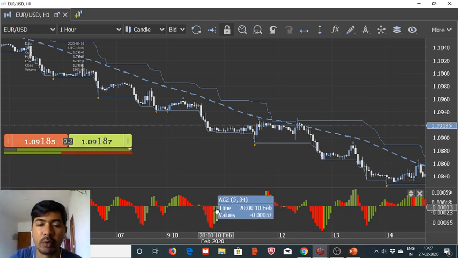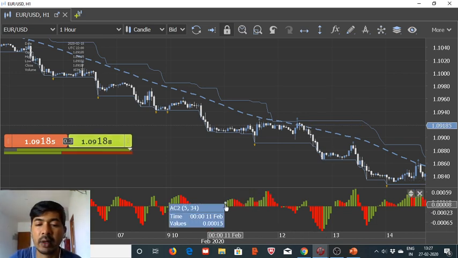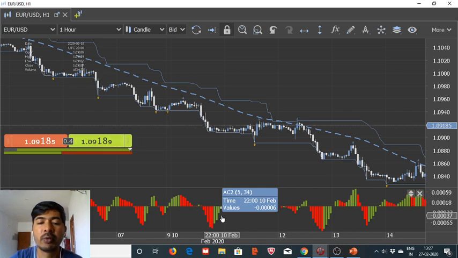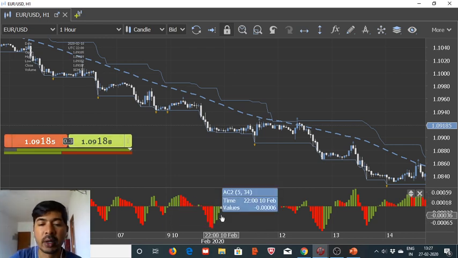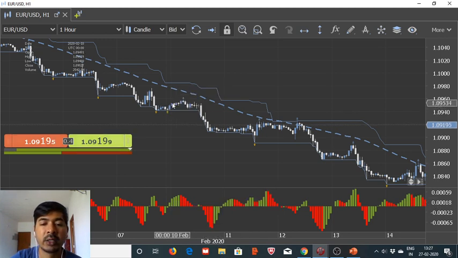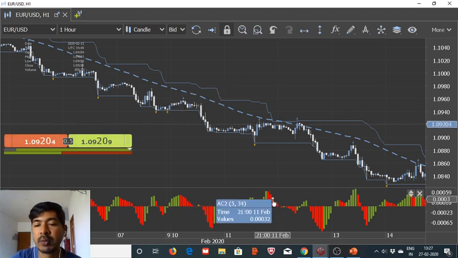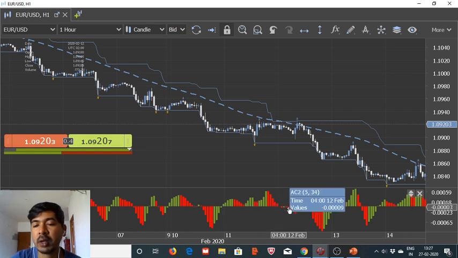And as you know, once the SMA condition is fulfilled, the algorithm will check for AC2 conditions as well, the acceleration deceleration. Here it should be shifting momentum from one side to another. So for any bearish trade, the momentum should be shifting from being in the bullish territory to being in the bearish territory.